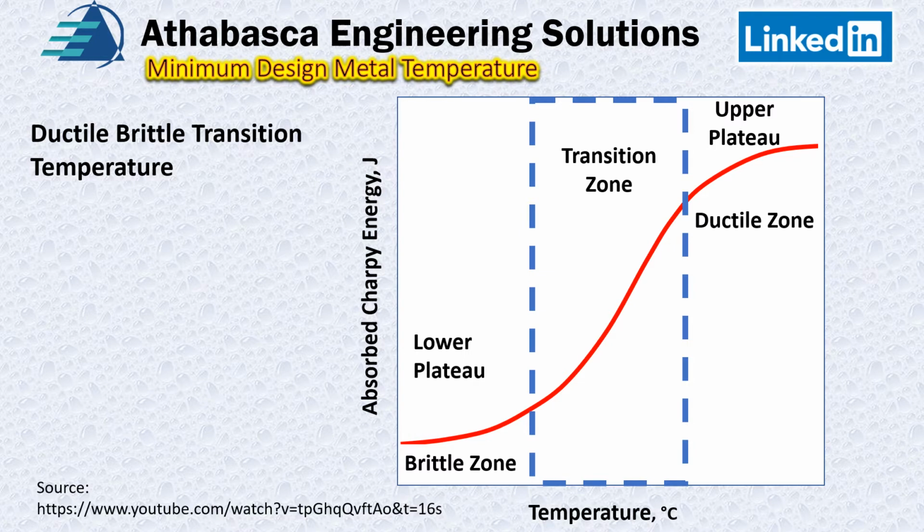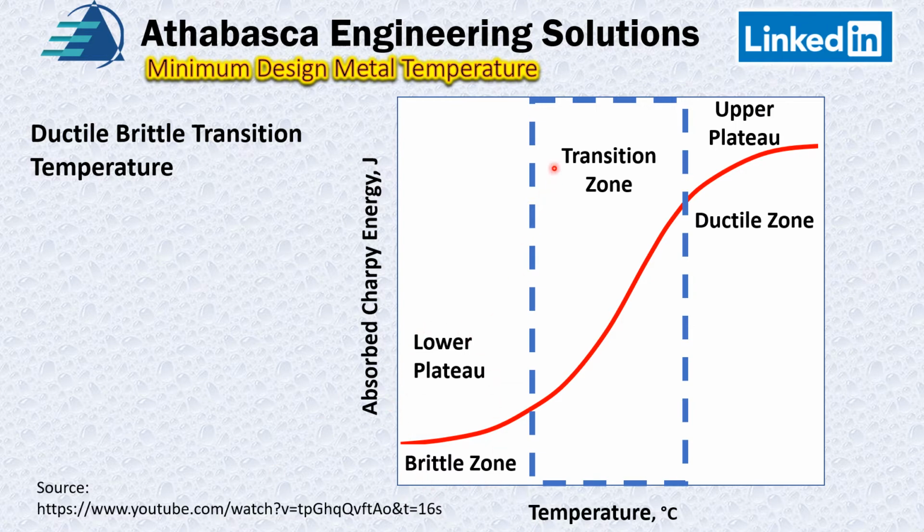The part will stretch and pull if it starts to deform. It's not going to suddenly crack and fail like in the lower plateau that you see off to the left.